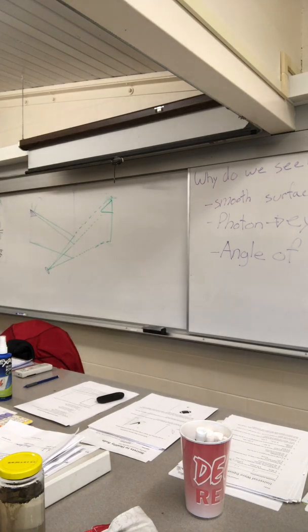Now, we explain this mathematically. We say that the distance from the object to the mirror, we call that DO. Okay, that's distance of the object. I'll write that down.